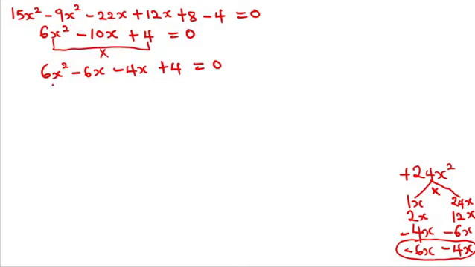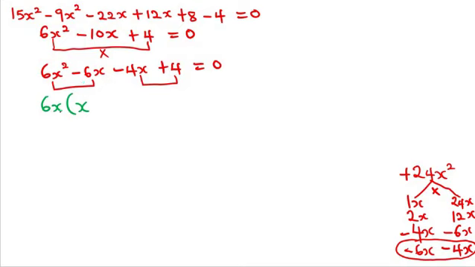Now, we have to look for what is common among these two and what is common among these two. So we're looking at 6x squared and minus 6x and get what is common between the both of them. So 6x is common. So when I write out 6x bracket, 6x squared divided by 6x gives me x.